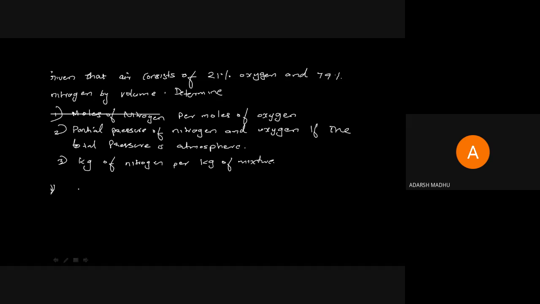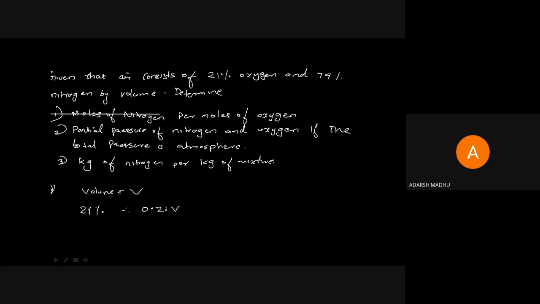We know total volume is V, denoted by V. So what is the volume of nitrogen and oxygen in it? 21% is oxygen, therefore 0.21 V. V is the total volume, and 21% of that V is oxygen.